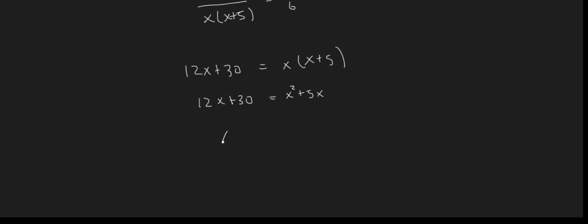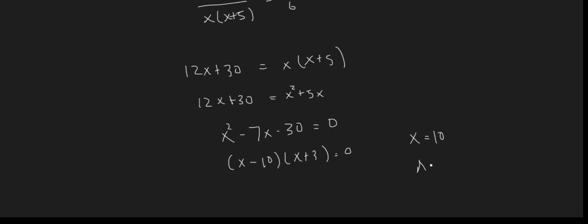And this leads you to, let's make that a little bit nicer, x squared minus 7x minus 30 equals 0. Now we can factor this simply with x minus 10 and x plus 3. Now, if you look at this, x equals 10 makes sense, right?